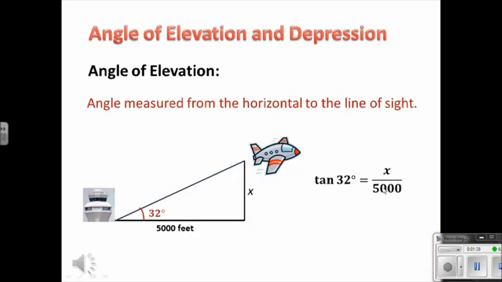So when I multiply both sides by 5,000, I find out that the value of x is 3,124 feet. That is the elevation of the plane.